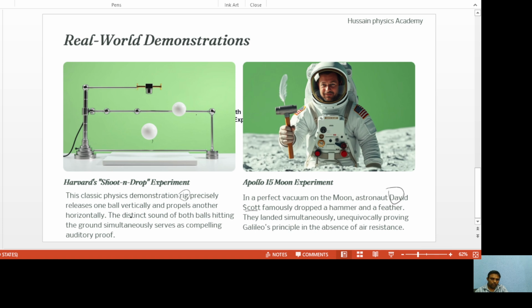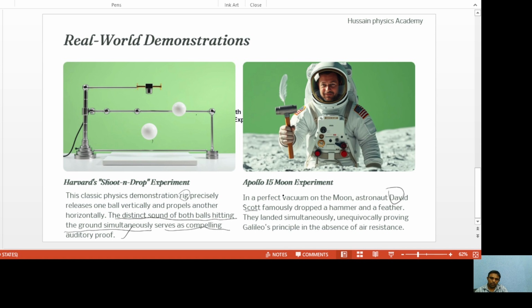He observed that the distinct sound of both balls hitting the ground simultaneously serves as compelling auditory proof. So he concluded that when one ball is released horizontally and one ball vertically downward, both balls reach the ground at the same time, and he observed the same sound.